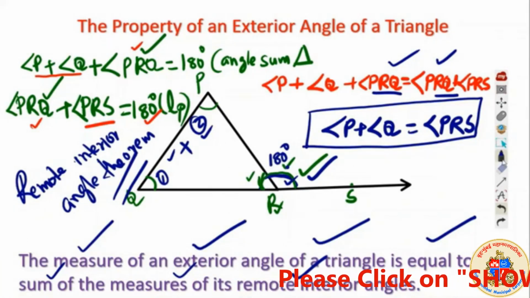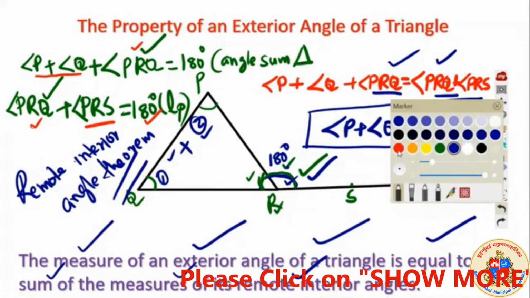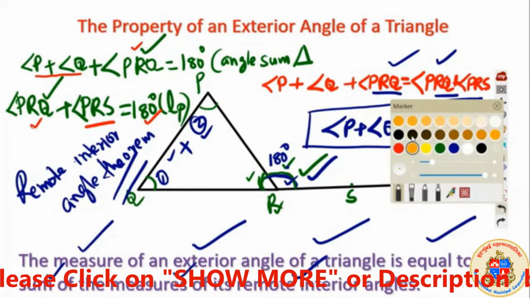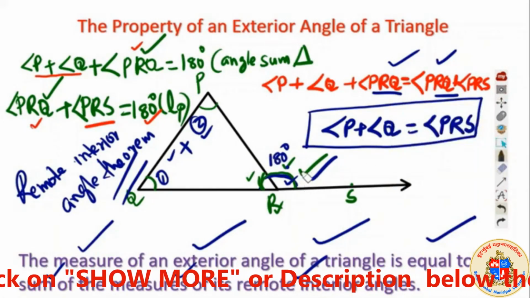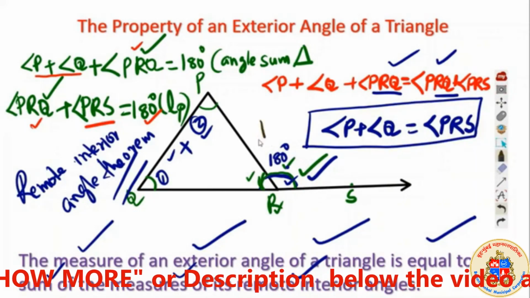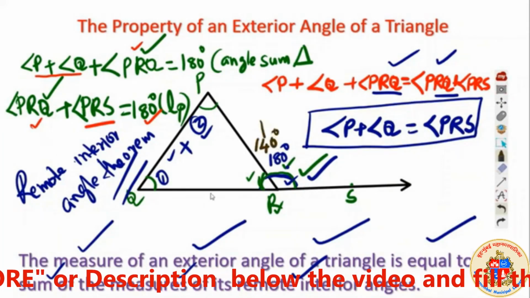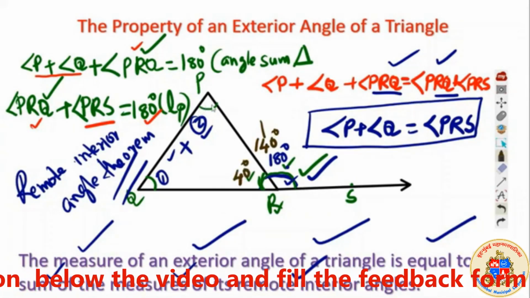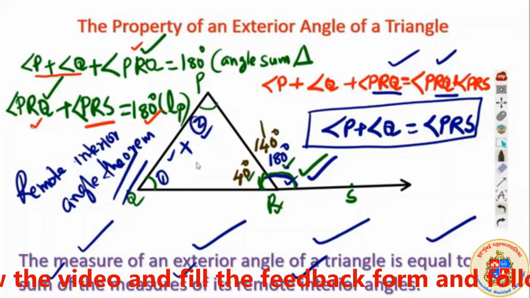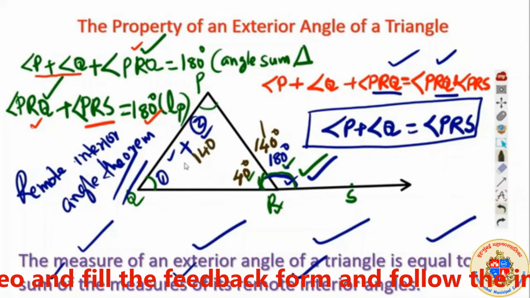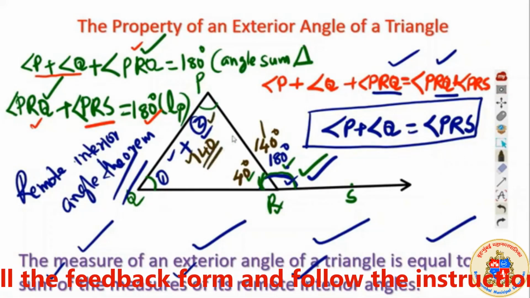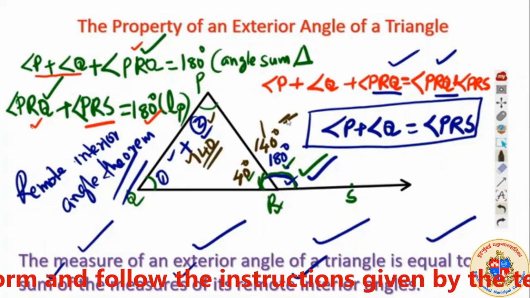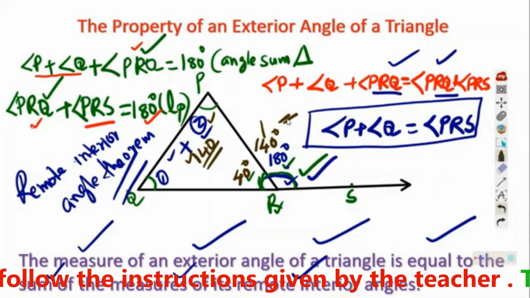Suppose the measurement of this particular one is equal to 140 degrees. We know this is 40 degrees, this is 40 degrees, and we want 180 inside the triangle. These two together will make 140. And this is equal to this. That way we will write and prove with the help of the remote interior angle theorem.